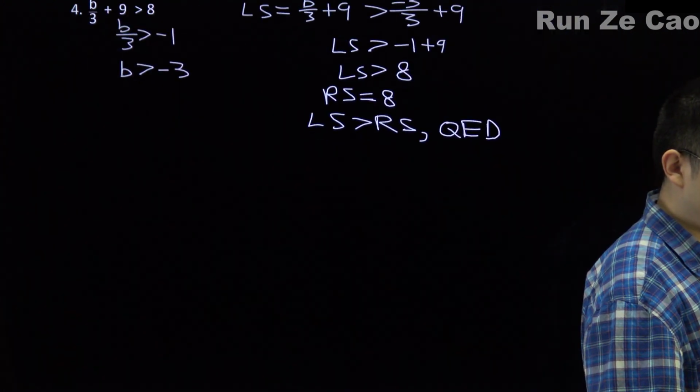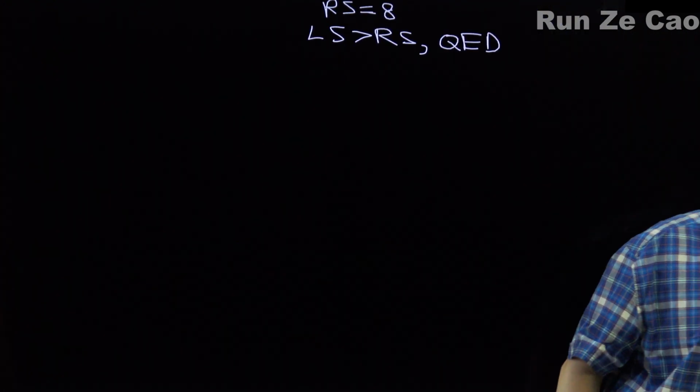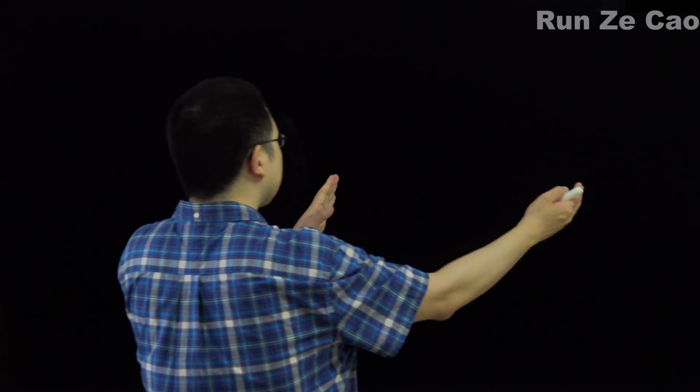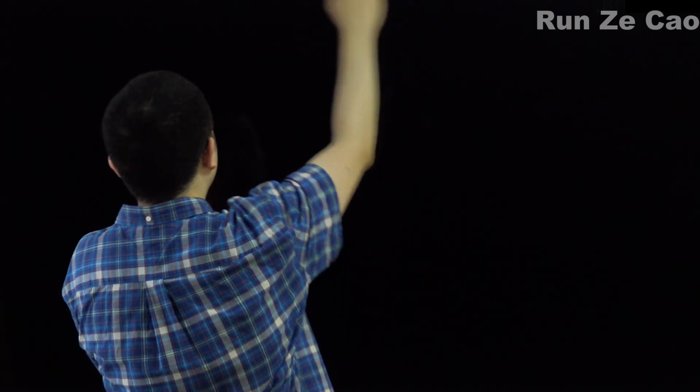All right. So, inequalities are basically like equations, except when you multiply or divide by a negative number, you need to change the direction of the sign, because you can think of it as flipping the relationship of two numbers over on the number line.